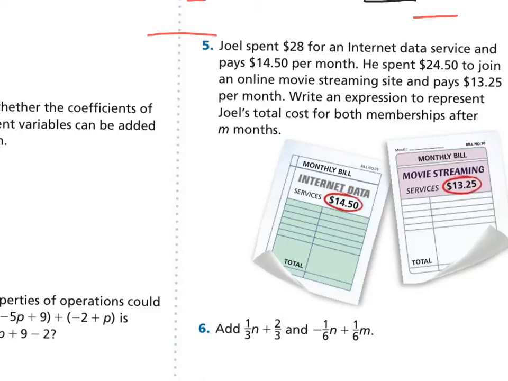So we had a $28 one-time fee, and we had a $24.50 one-time fee, or initial fee. So we could go ahead and add those together.